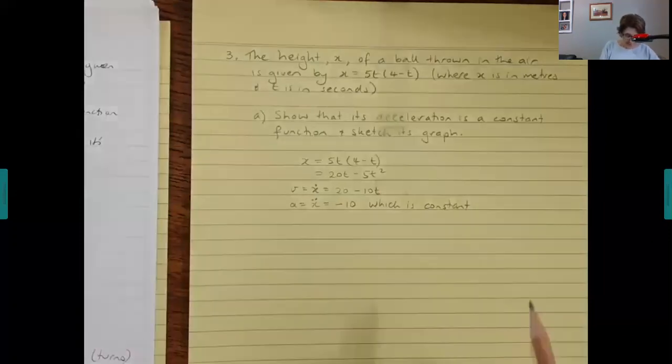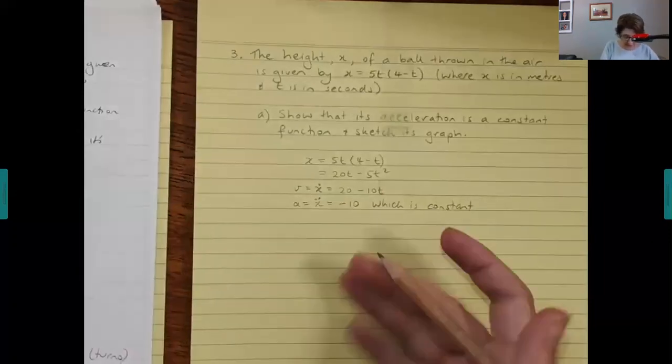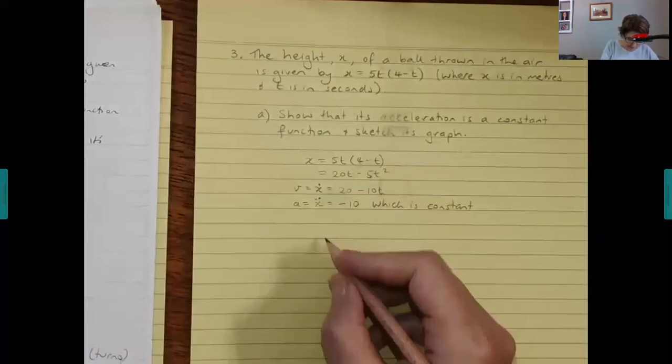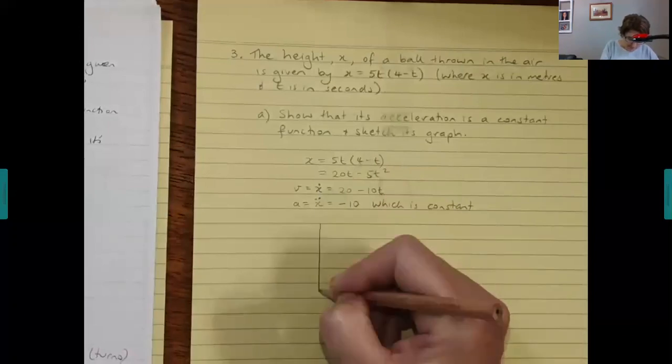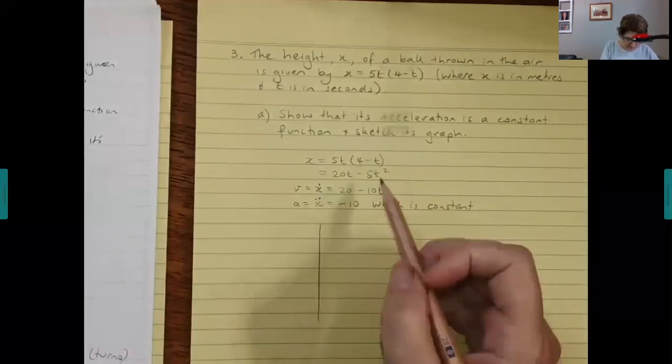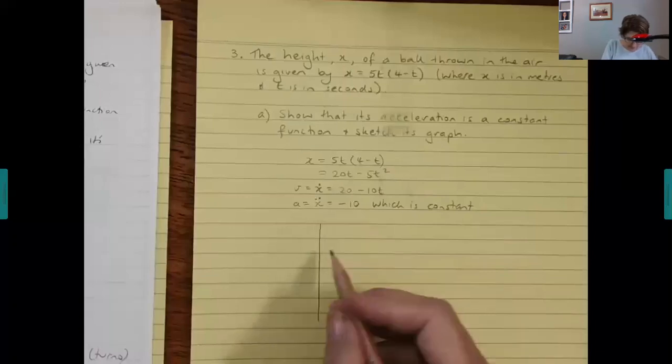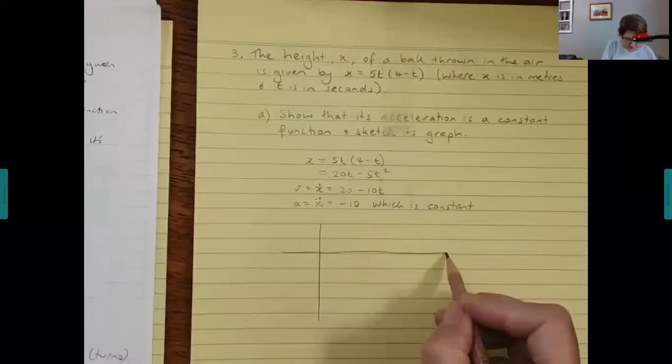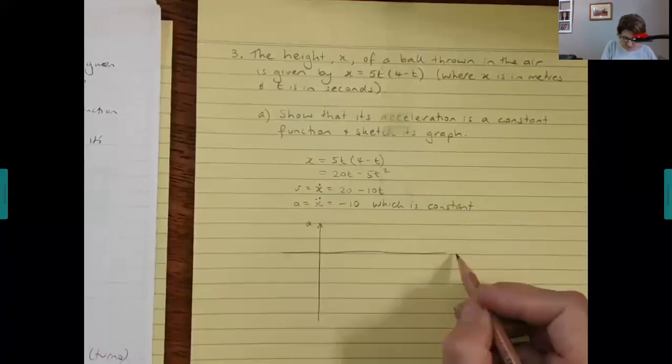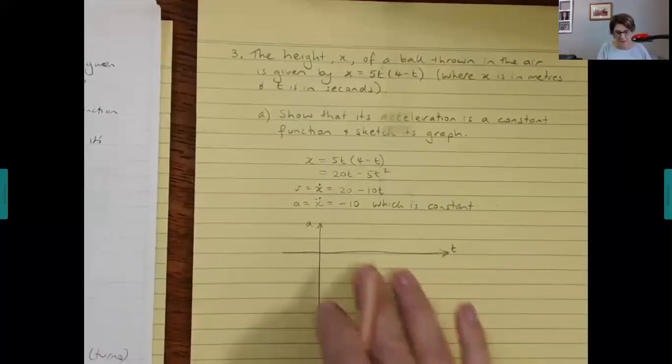So the second part then says sketch the graph. So this is a tough one. Now we're dealing again with the acceleration being negative. So I'm going to have the majority of my function with the negative section being visible.